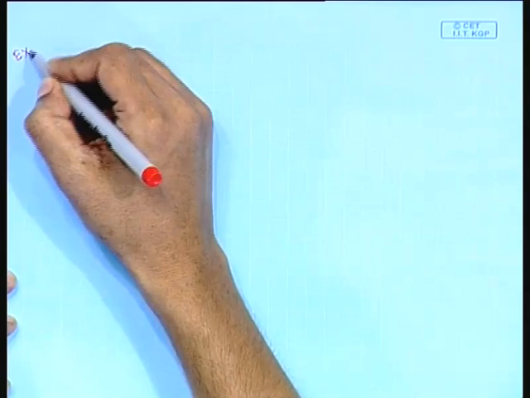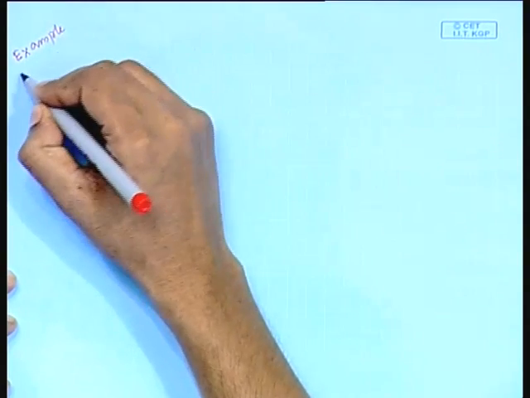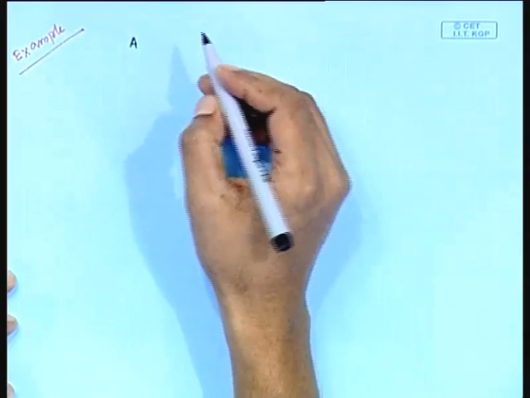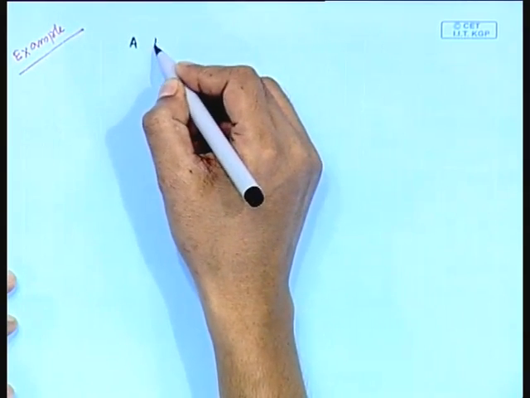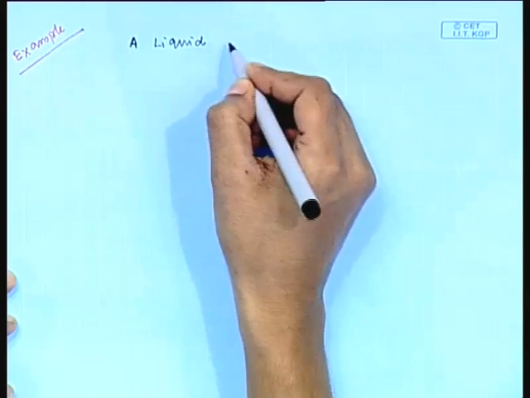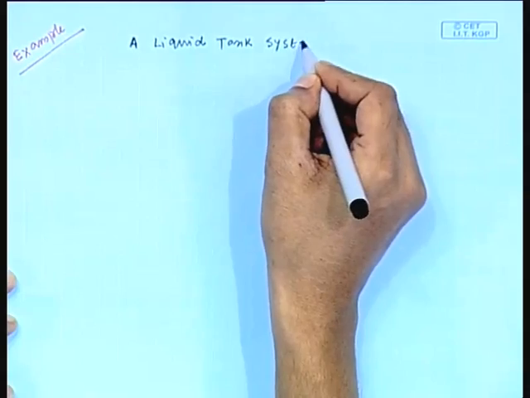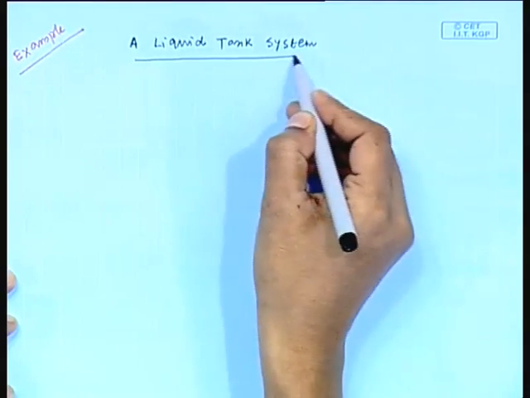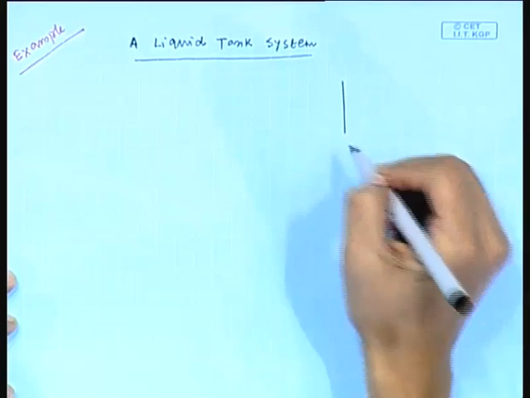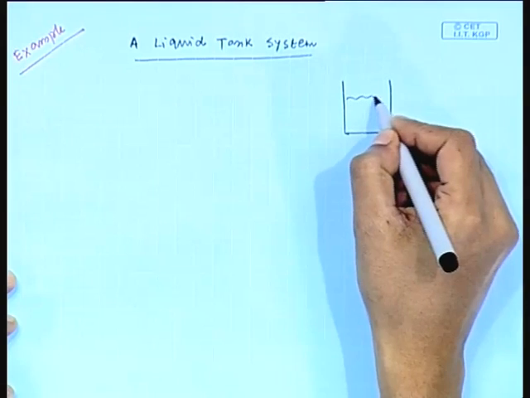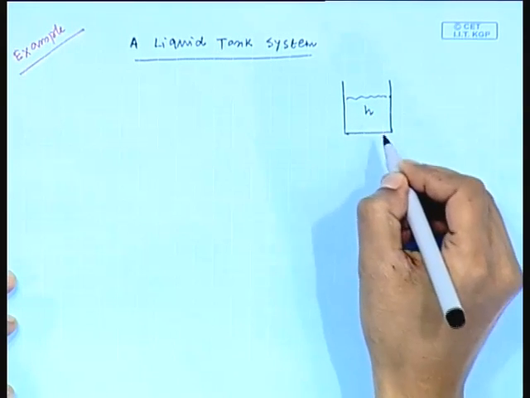We will first consider one example, that is a liquid tank system. This is a liquid tank. Height of this liquid is h.